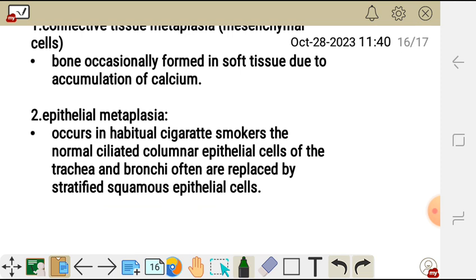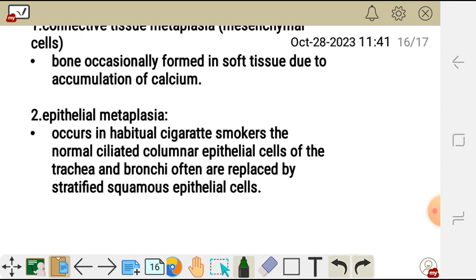So we have a sensitive tissue type, the ciliated columnar epithelial cell, being replaced by another epithelial cell type, stratified squamous epithelium.